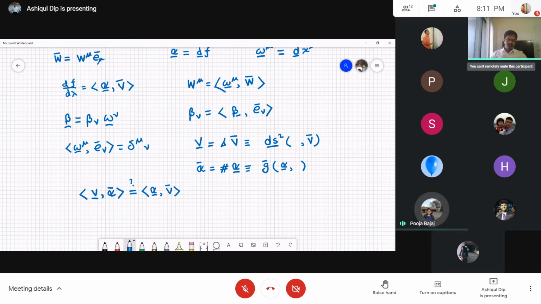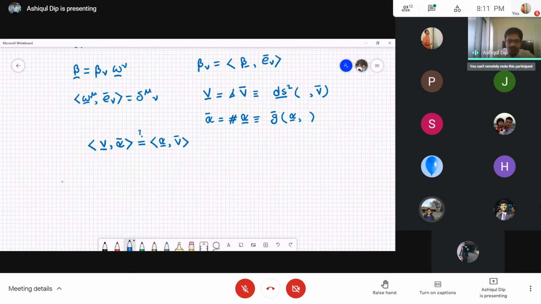Maybe using the definition of flat and sharp? Yes, yes. Just directly use these definitions and substitute. So if you substitute, from the left-hand side, you have flat of v, then alpha upper bar is sharp of alpha, right?